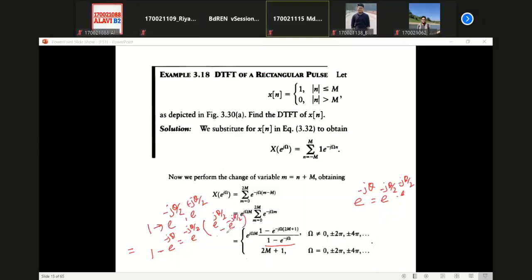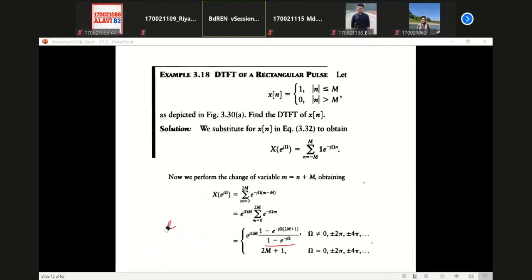Then we can easily convert this quantity using the Euler identity into cosine or sine, isn't it? So by using this simple mathematics, we can easily convert this Fourier transform into equivalent sine or cosine forms.